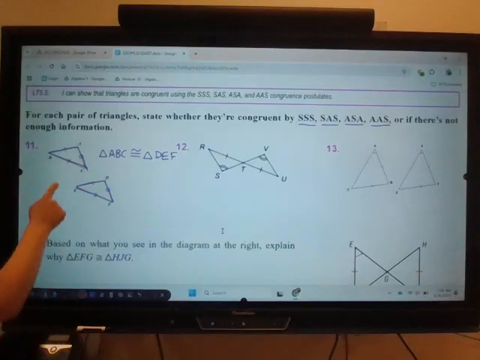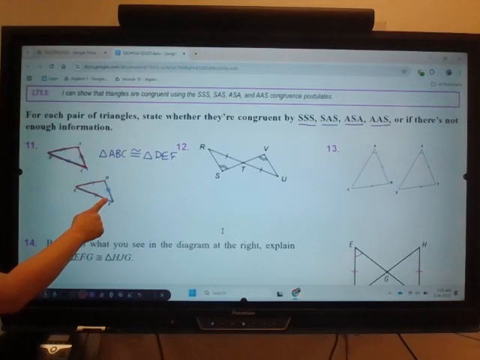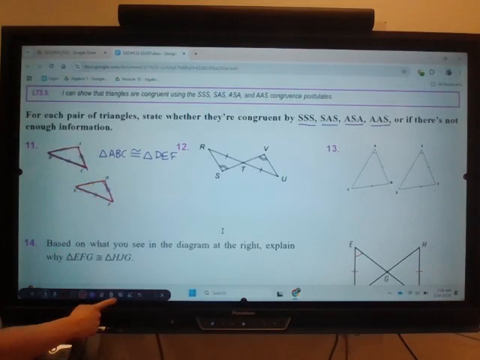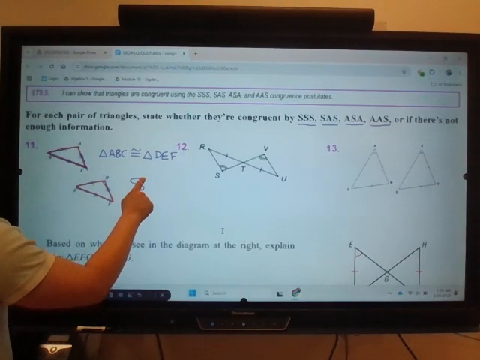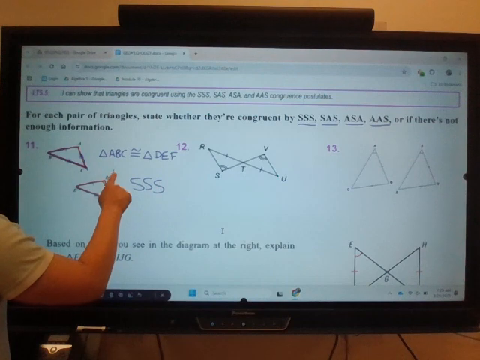Notice I'm going in the same order: A, B, C, D, E, F. And this is because of the side, side, side postulate.